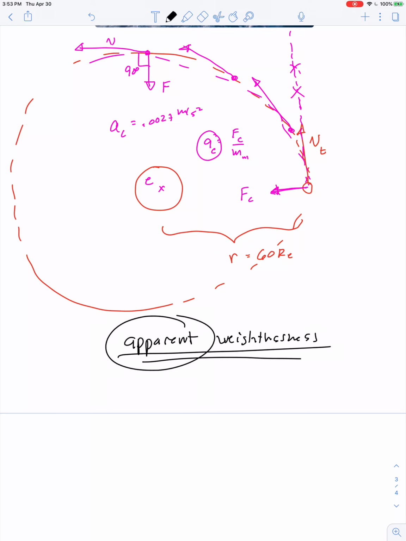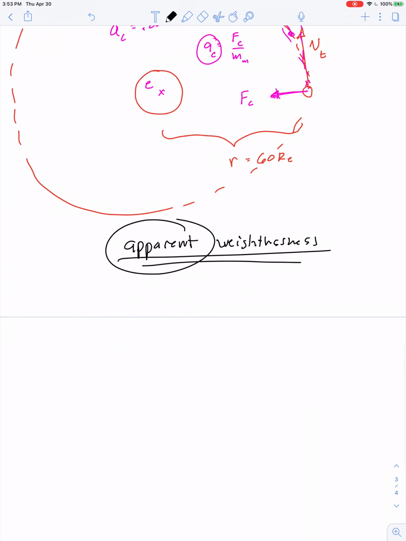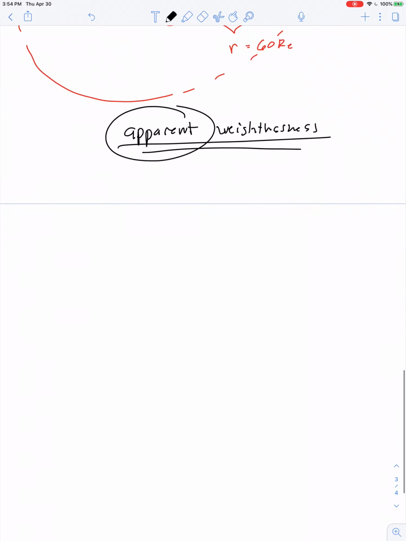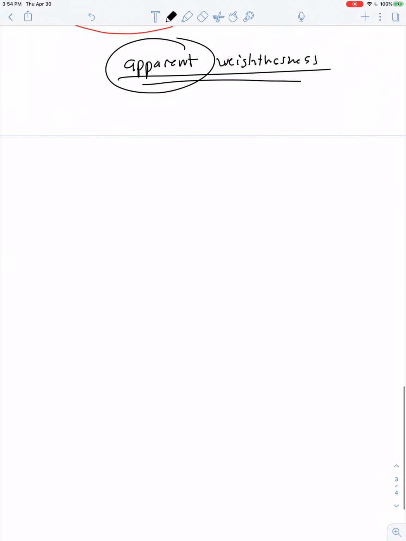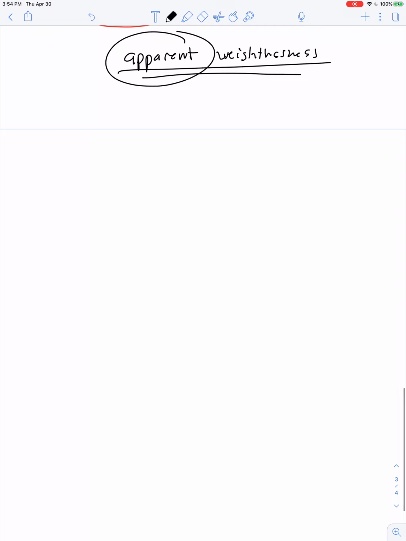We have to use the word apparent because, as I stated at the opening of this video, the International Space Station doesn't really orbit that high above the surface of the Earth. So once again, the scaling here, the radius of the Earth is about 4,000 miles, or 6.4 times 10 to the 6th meters, and the International Space Station, just like the moon, orbits in a circle.